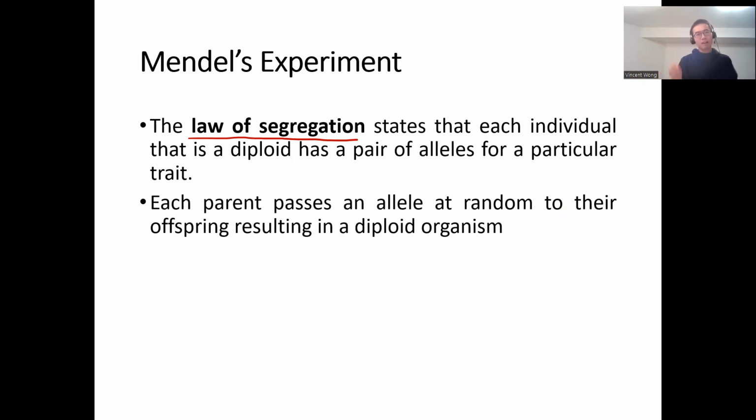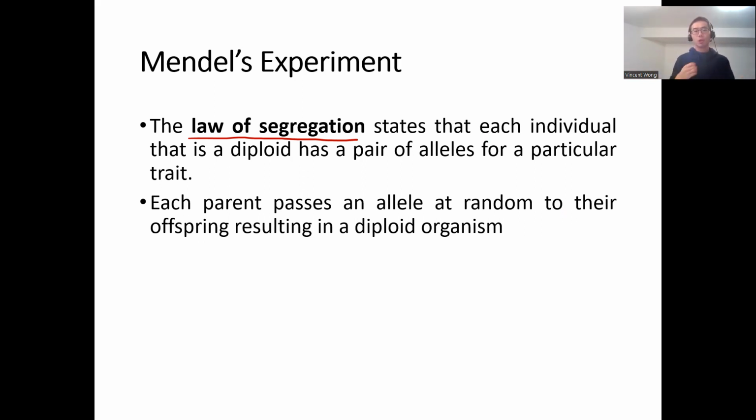If you have big B and small b, you cannot give both to your kids. You can either pass on the big B or the small b. 50% of your eggs will carry the big B, 50% of your eggs will carry the small b. If you are big B, big B, then 100% of your eggs or sperm are going to be carrying the big B.